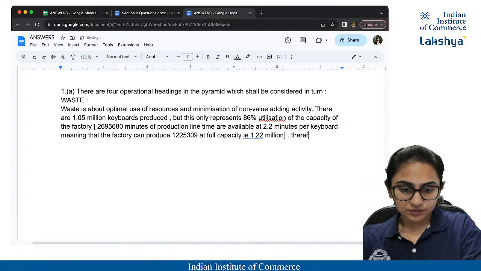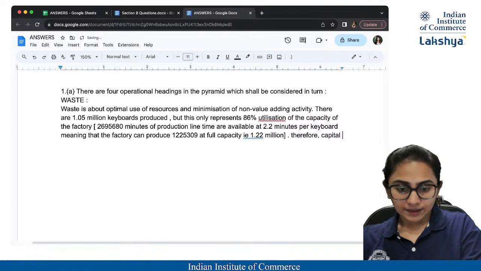therefore the capital invested in the factory is underutilized.